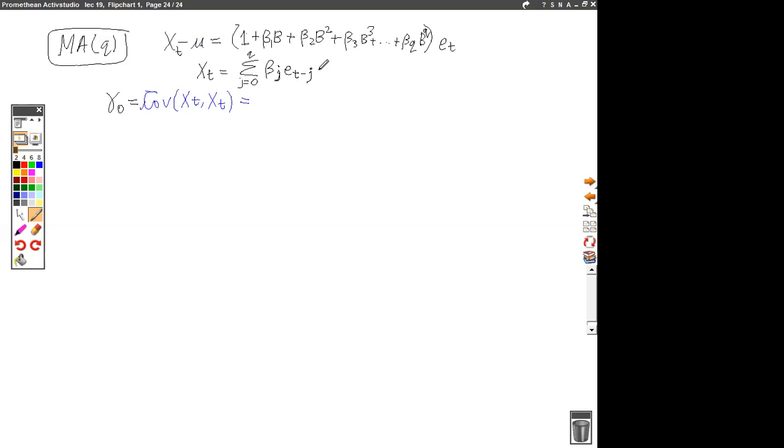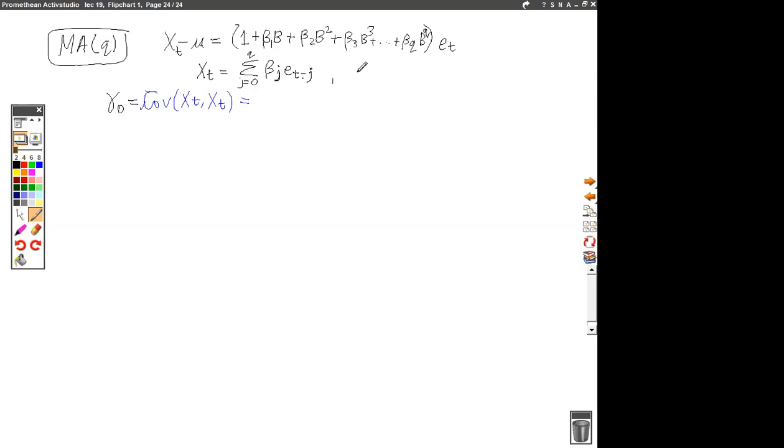So I have not written this in terms of the backwards operator. I have just written it in terms of the actual value that I will get once I multiply this b with et. Right? So if I multiply this b with et, what I will get is et minus 1, and that is with b1. So if I have et minus 0, I know that I should get here as coefficient 1.